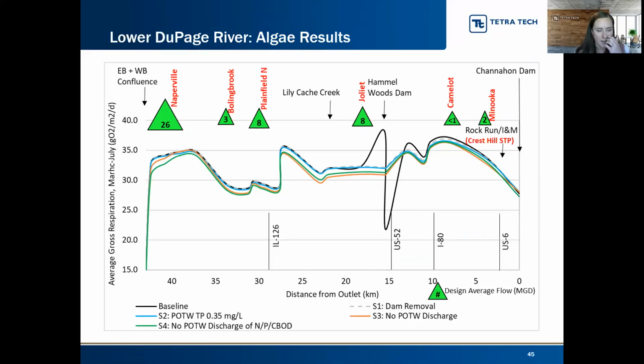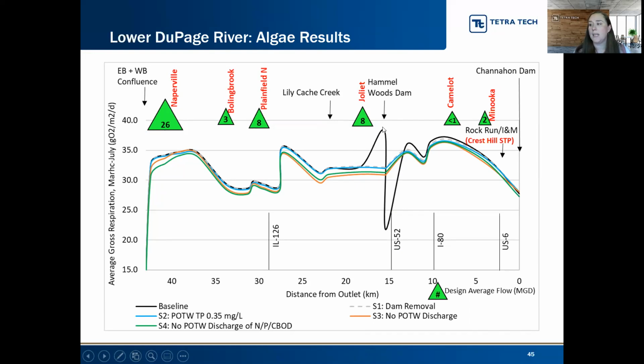And here is the change in algal respiration for the various scenarios. We do see a small decrease in algal respiration, but you can see I had to change the y-axis here to really see more of that change. What we see here is an artifact in the baseline scenario of water going over the dam.